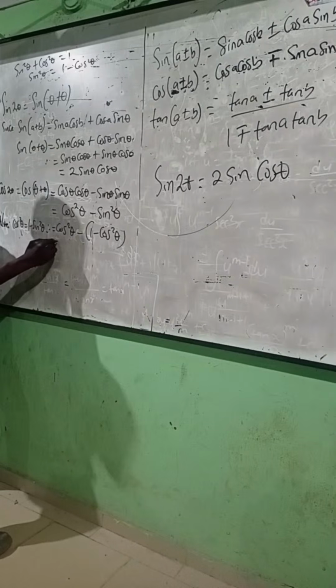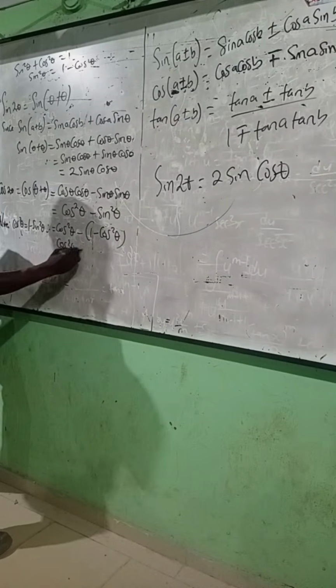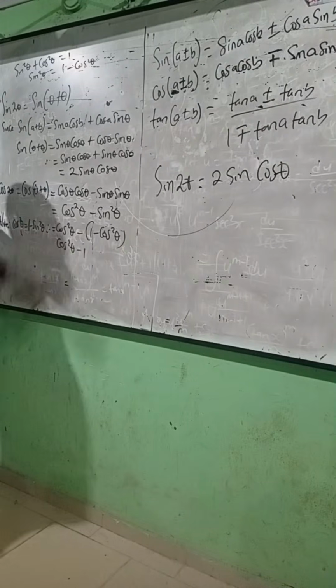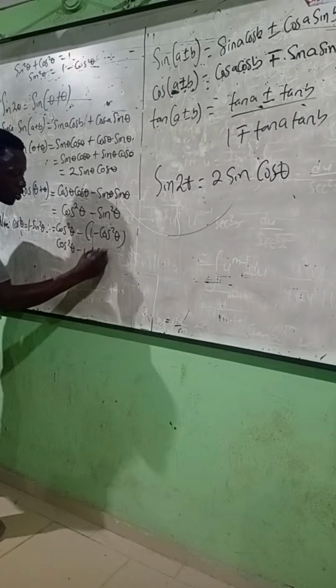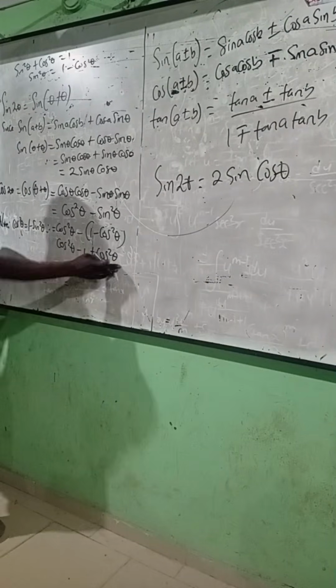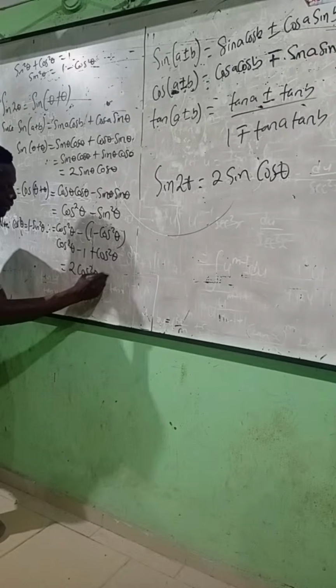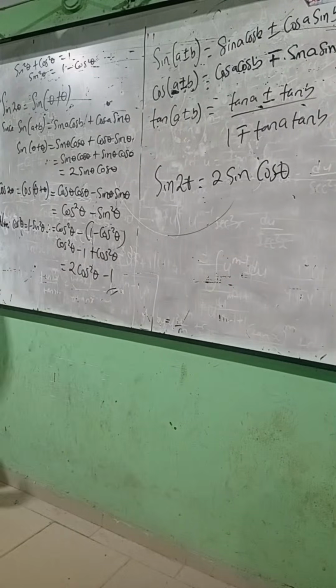So we have cos square theta minus 1, and minus times minus gives plus cos square theta. So we have 2 cos square theta minus 1. That's an identity for cos 2 theta.